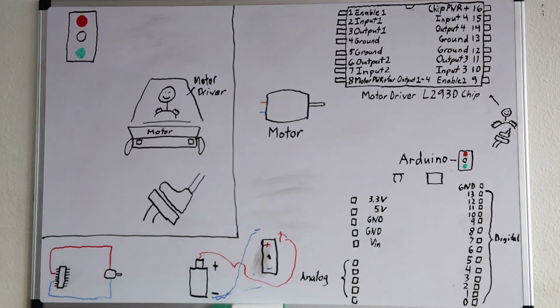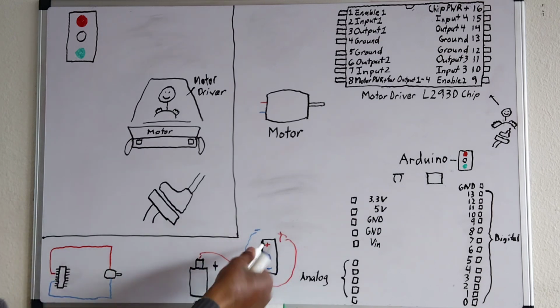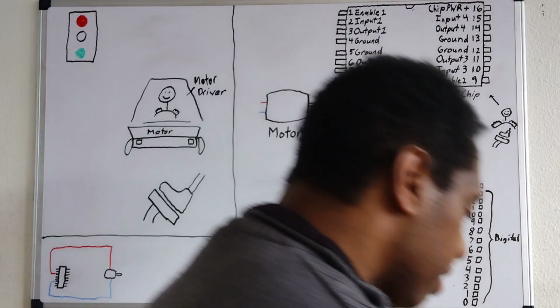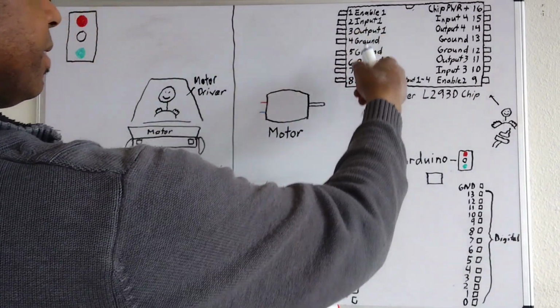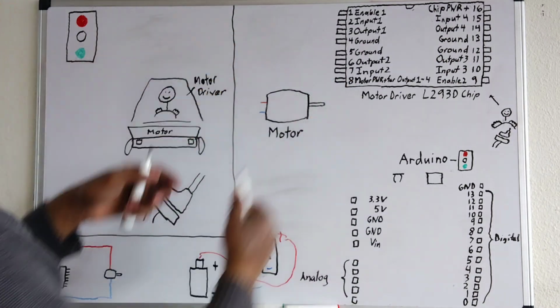Thus it will be moving counterclockwise. So 2 signals can move a swivel, which is what happens with electric motors. Okay, so that's what input 1 and input 2 are about. Which way do you want it to move?